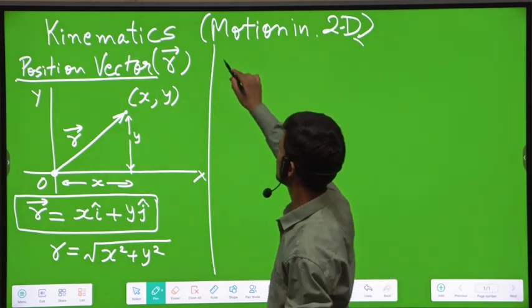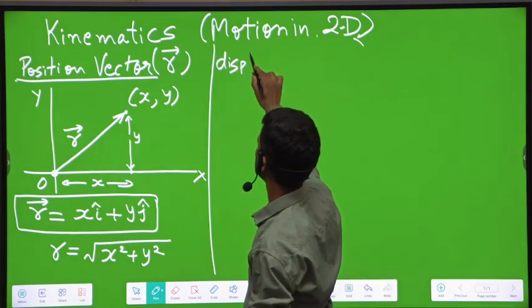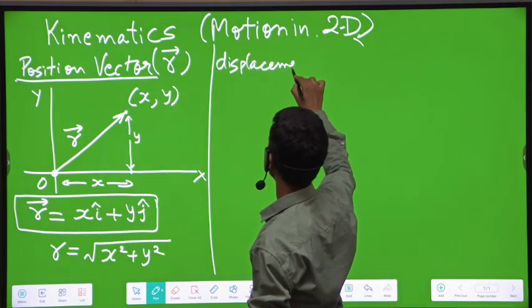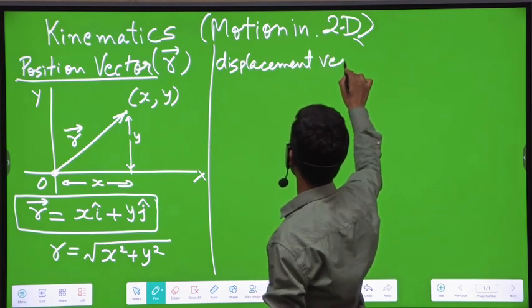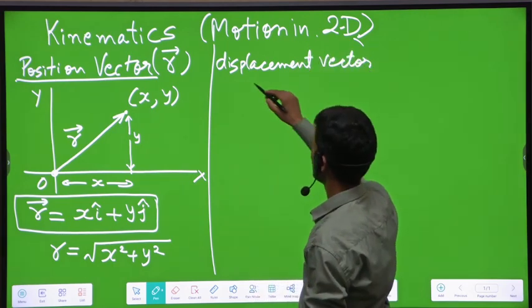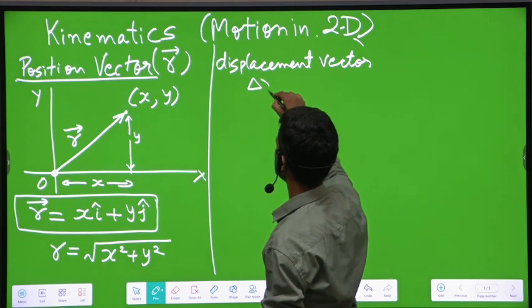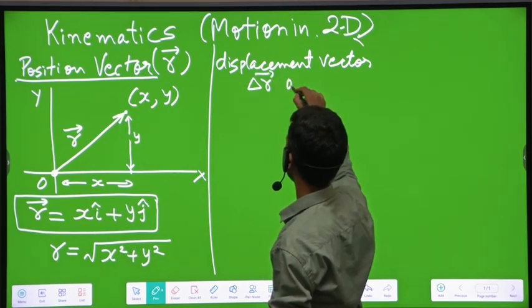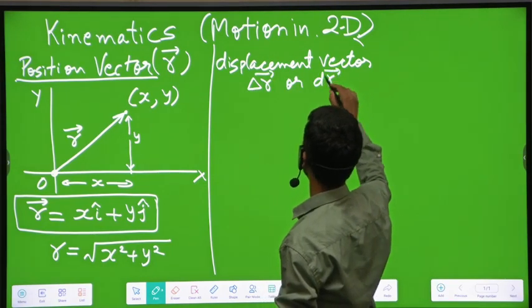Okay, next is displacement vector. The displacement vector will be represented by delta r, or sometimes dr also.